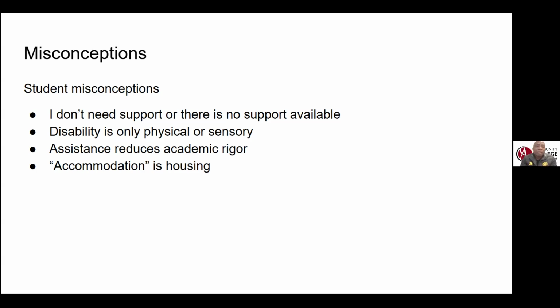Another thing is that accommodation means housing. Like Christy mentioned in the other slide, the words that we use, a lot of them might be new to international students. For me, I came from Nigeria. When I was in Nigeria, I didn't know accommodation as modification. I looked at accommodation as residence, living in a house, dorm or something.